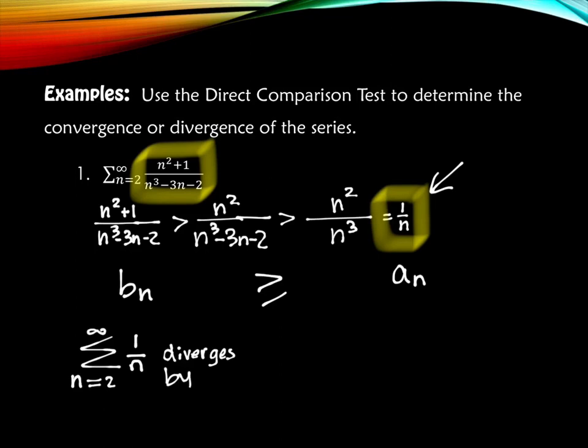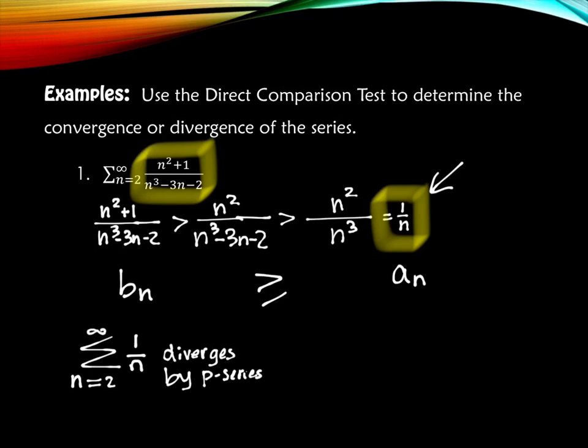I'll use the one that Maggie said, so this is by p-series. You could do it by the harmonic series, or you could also do it by the integral test. So if p is 1, it still diverges. Yes, it has to be greater than 1. Correct. It needs to be strictly greater than 1 for the p-series to actually say that it converges. Exactly. Okay, so this diverges.